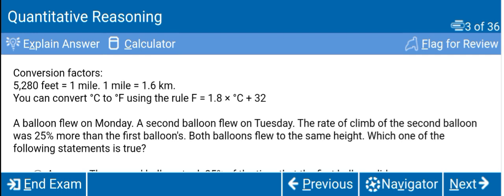The rate of climb of the second balloon was 25% more than the first balloons. So both balloons flew to the same height. Which one of the following statements is true?